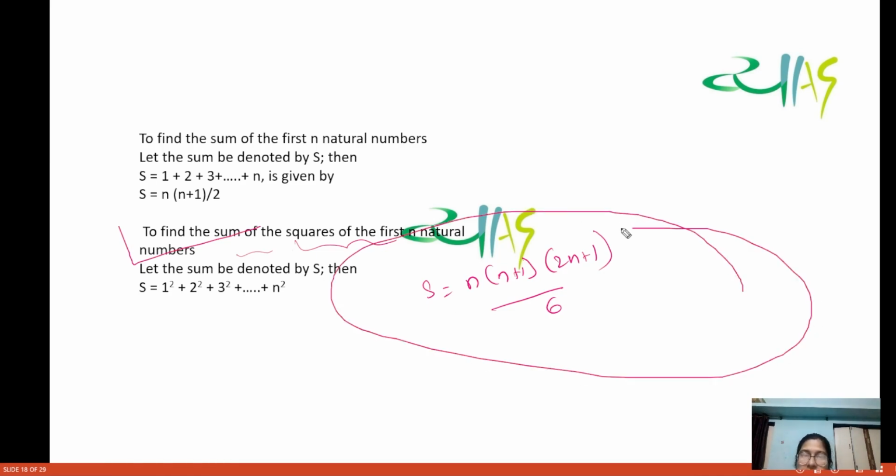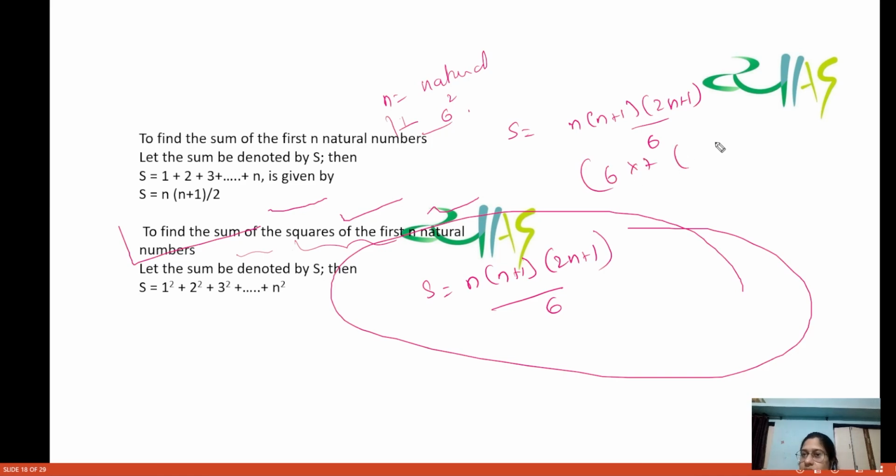Remember this formula: to find the sum of squares of the first n natural numbers, आपका sum is equal to n(n+1)(2n+1)/6. Now what is n here? n is equal to the number of natural numbers, ठीक है ना। तो अगर आपको बोला कि 1 से 6 तक के squares का sum find करिए, so obviously you can find 6 into 7 into 13 divided by 6.